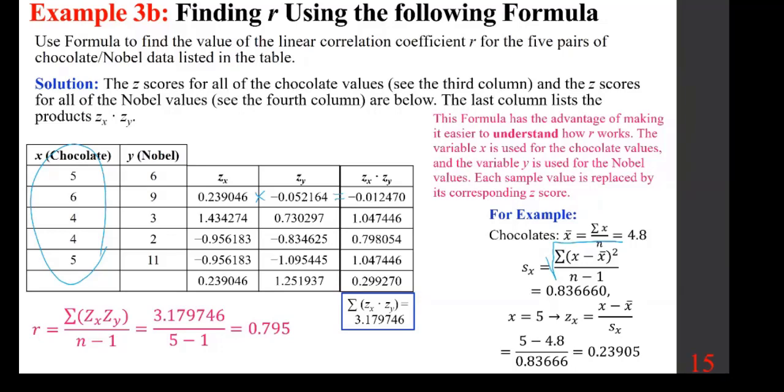So for example, for the very first entry, okay, number 5, x is 5, x bar is calculated as 4.8, 5 minus 4.8, and divided by s, which is 0.83666, and it gives you 0.23905. So I hope you see that this number is this number, everybody. So if you can calculate one, you can calculate all. Does it take long? Yes, it does take some time.